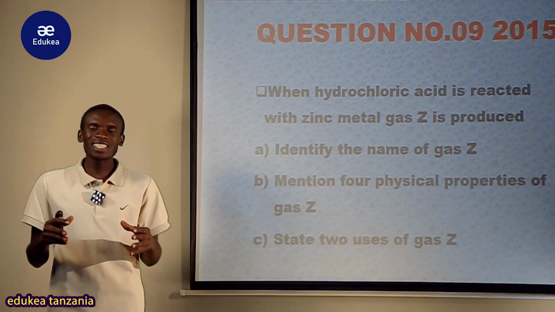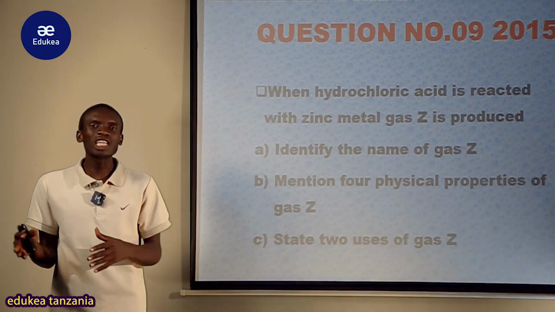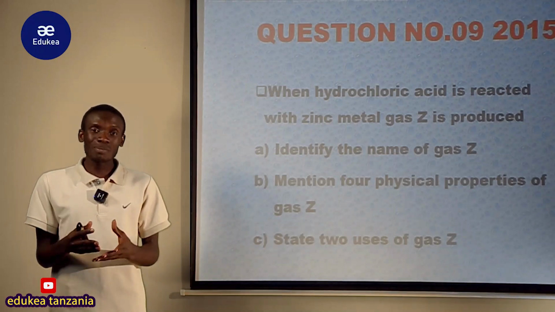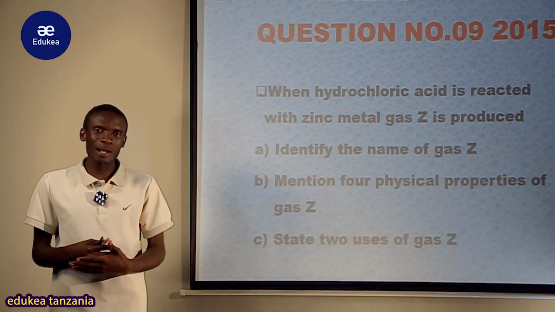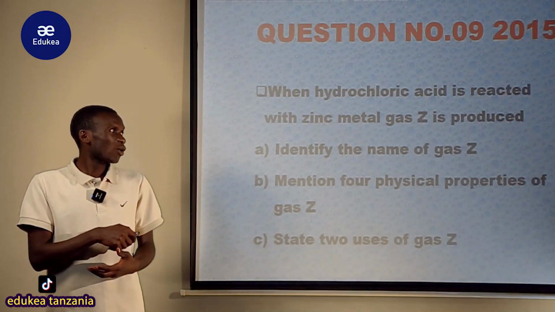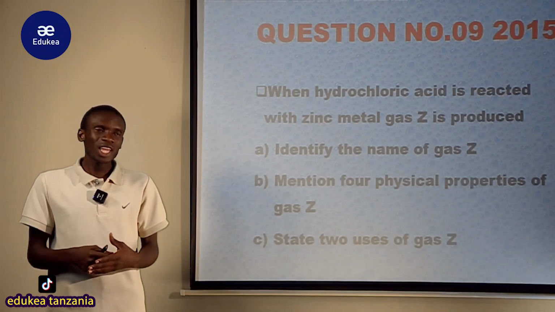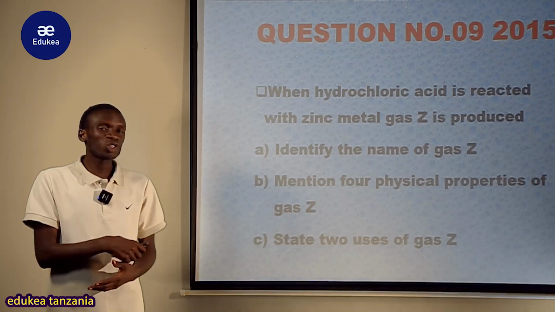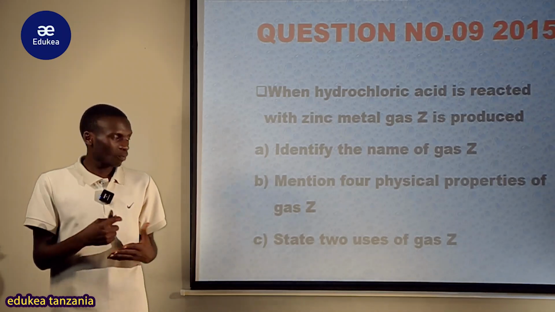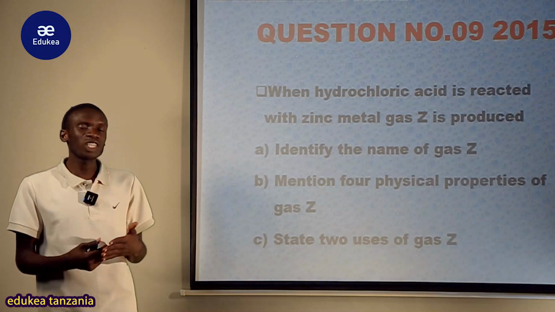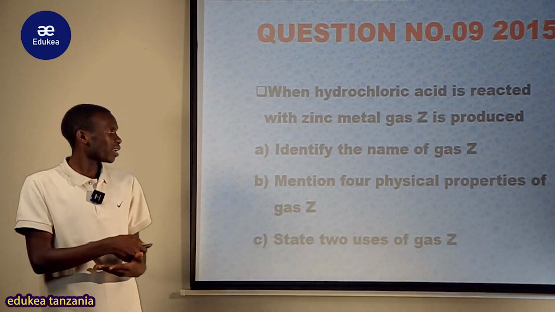Kwa mfano nasema it is tasteless, odorless, unaweza kubahatisha, lakini kwa kuangalia uhalisia wa swali, ukikosa hapa kwingine kote ungekosa, kwa sababu inahitaji application ya hizo kutoka hapa.